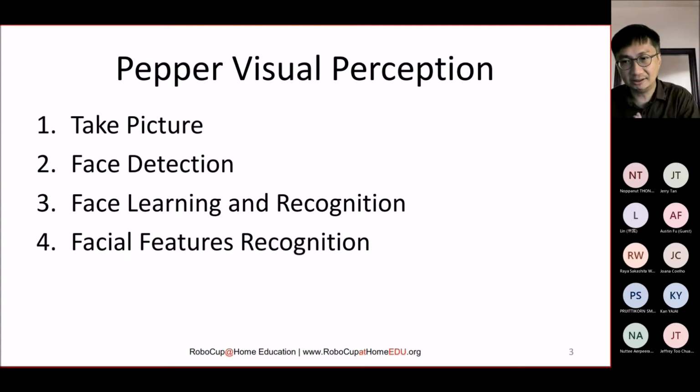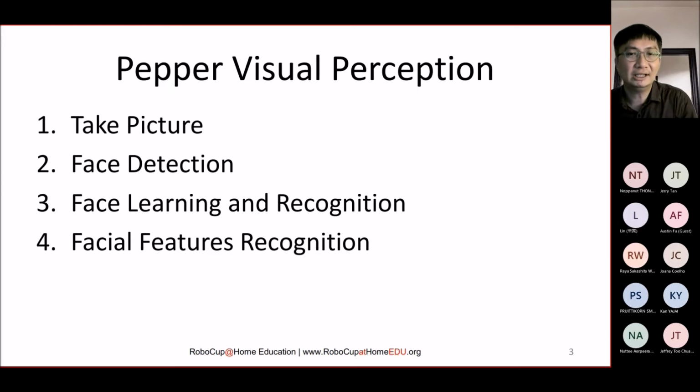For example, it can differentiate the gender, right? It can also estimate whether this person is elderly or a teenager by guessing the age, right? And also Pepper being emotional, I mean, it can interact emotionally with humans.